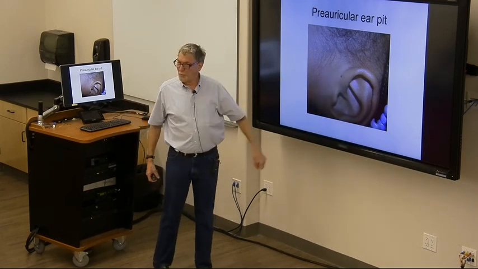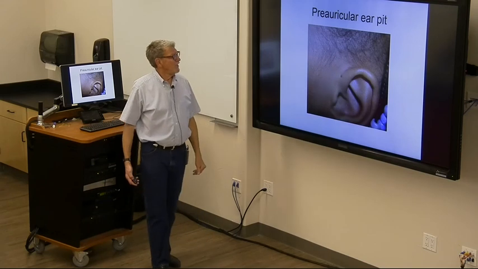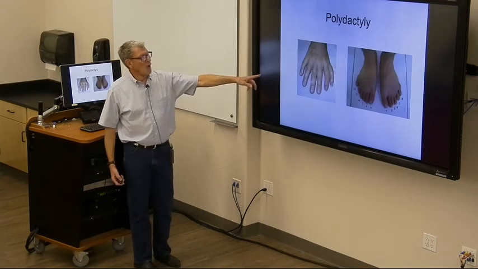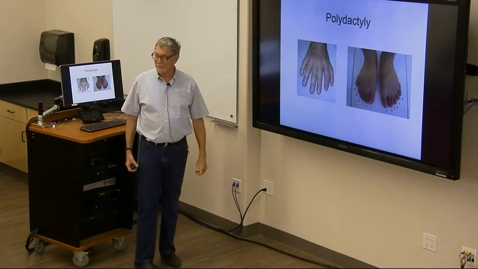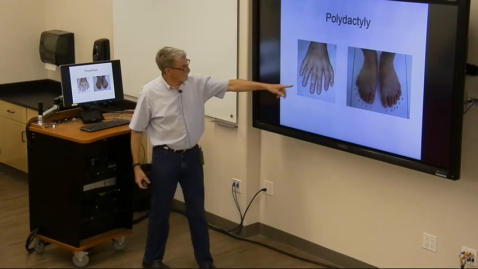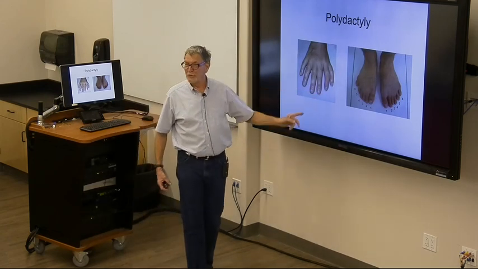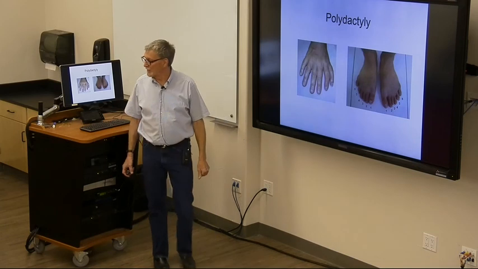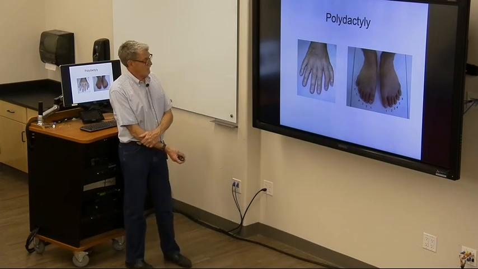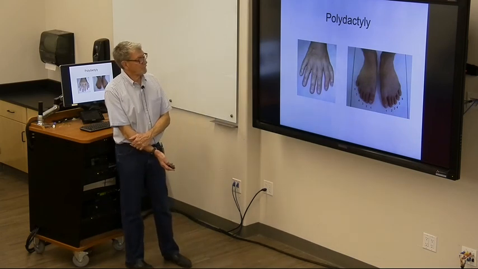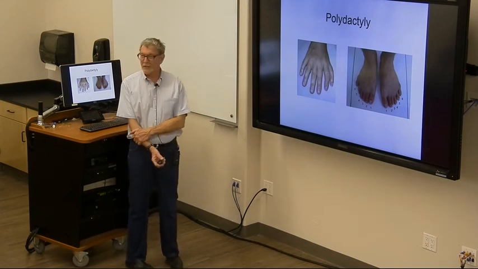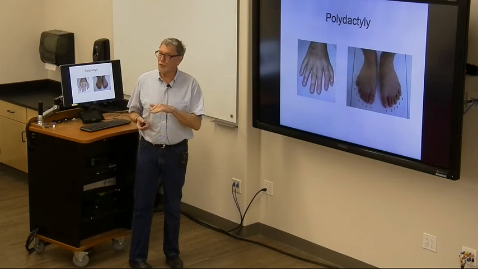An ear pit in front of the ear. Polydactyly: extra fingers and toes. It happens more on cats than it does on humans, but it can happen. Syndactyly is when you're born with your fingers or toes fused together.